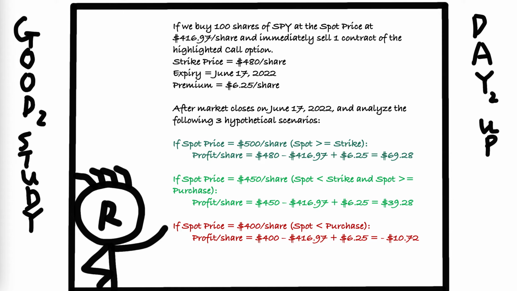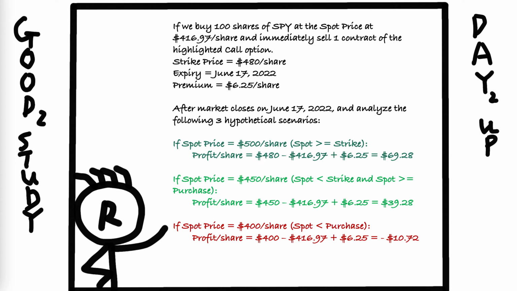after market closes on June 17, 2022, we'll get one of the following three results. If spot price is equal to $500 per share, that's when spot price is greater or equal to strike price. Your profit per share is $69.28. If spot price is equal to $450 per share, that's when spot price is less than strike and spot is greater or equal to purchase price.